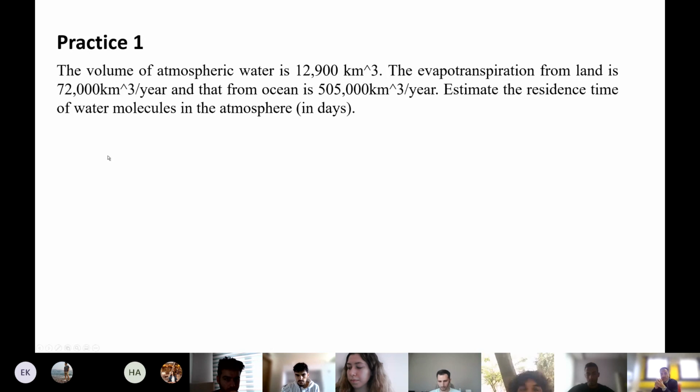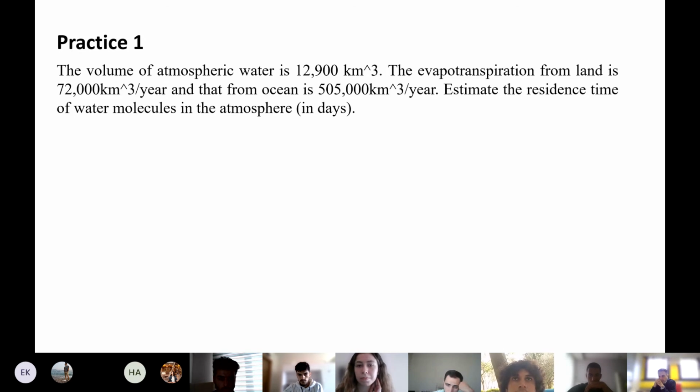Let me help you while you are solving. The volume of atmospheric water is given. Therefore, the water body is the atmosphere. The evapotranspiration from land, output from land, is this value, and output from ocean is the other one. Estimate the residence time.